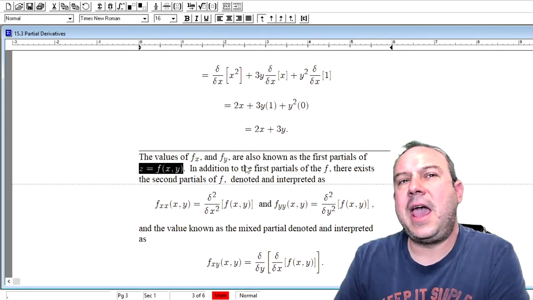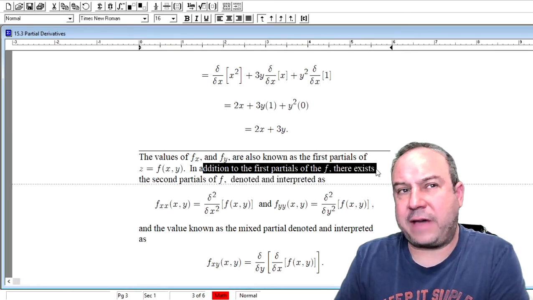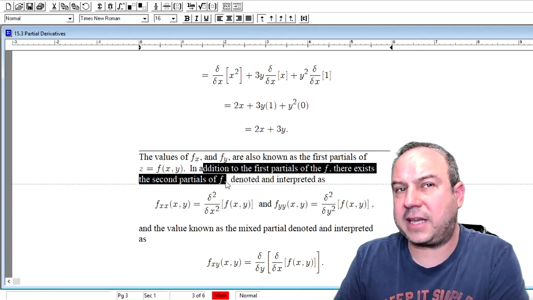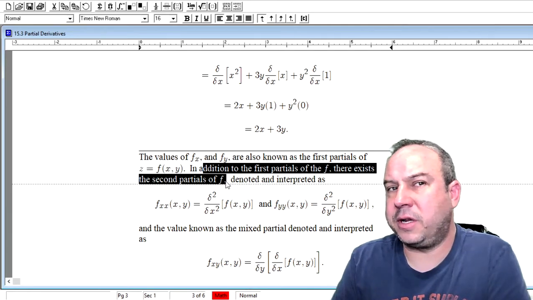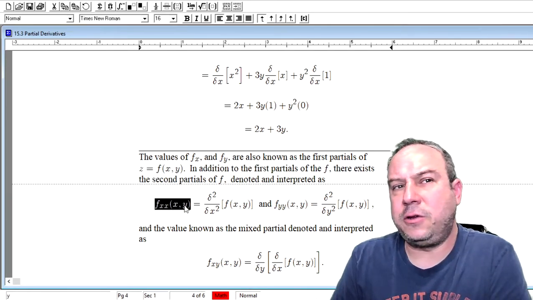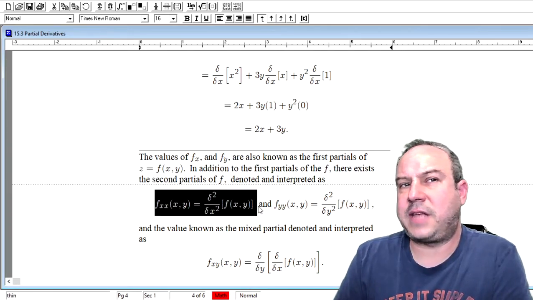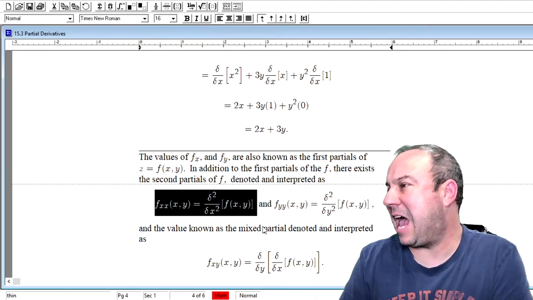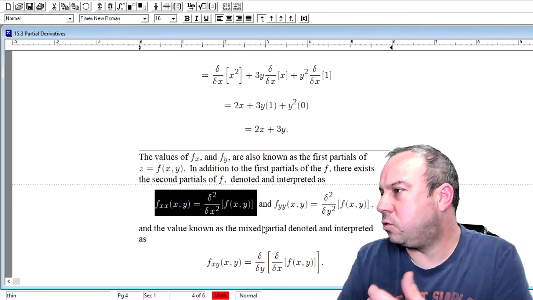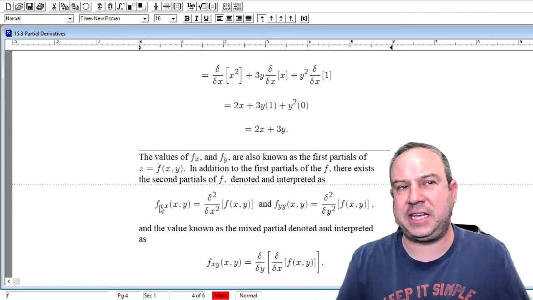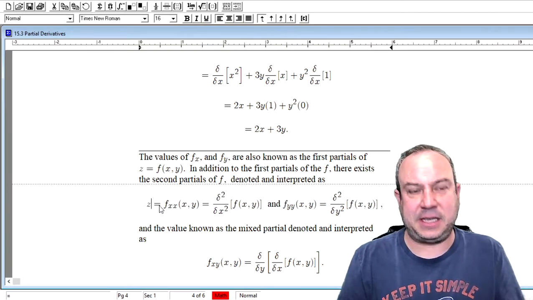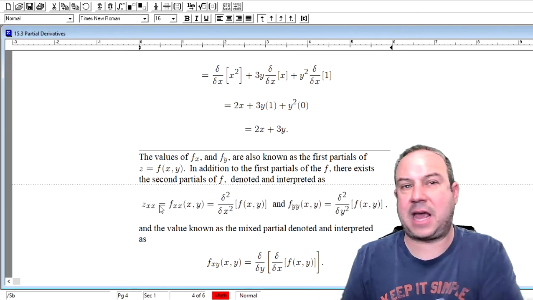Right? And in addition to the first partials of f, there does exist what we call second partials of f, denoted and interpreted as follows, right? You do have your second partials of f with respect to x, which we might see here given with this notation, and we could also incorporate the z into all this. Z could have a double subscript x.